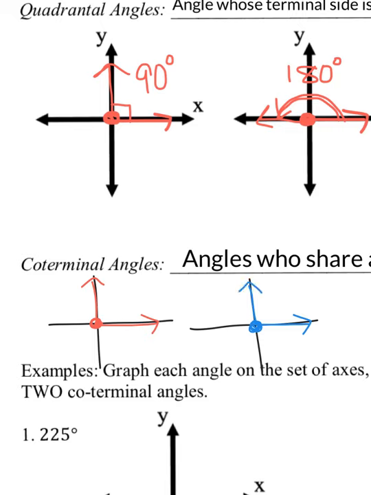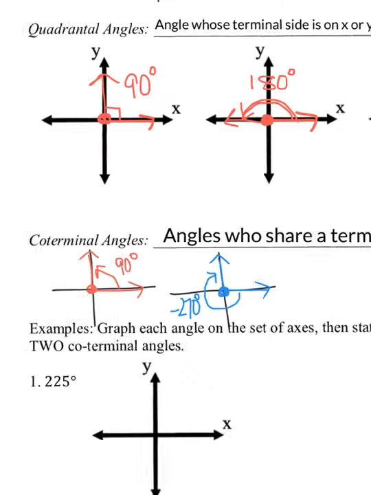But now we can talk about the path that it took to get there. This opened up this way. This went a positive 90 degrees. However, the blue angle, let's say that we started here and we went around clockwise. That means that my angle direction has to be negative. It's a quadrantal angle. You went around 3 times. This is negative 270 degrees.